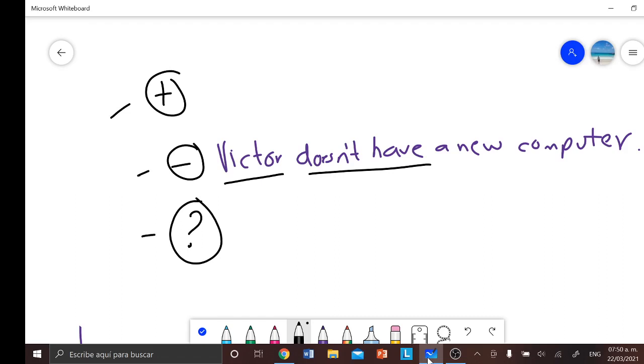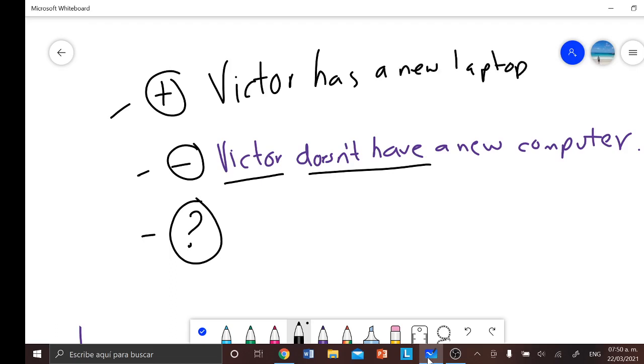Affirmative, negative form, and question. Entonces, prácticamente, la primera sería con has, because Victor is from the group number 2. So Victor has a new computer, sorry. Okay, estamos afirmando que sí tiene.